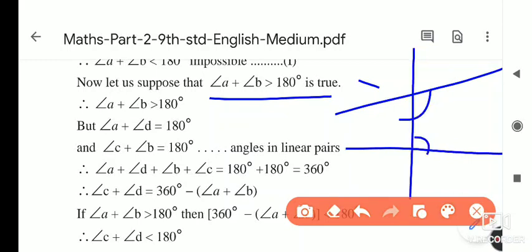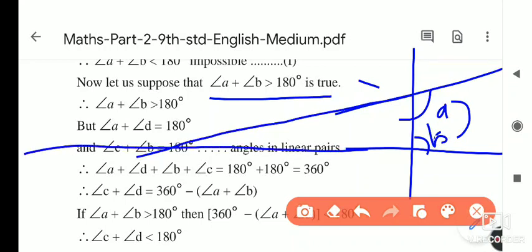Because this is A and that is B, and their sum is more than 180 degrees, then if you see in the picture, these two lines intersect each other towards the opposite side of angles A and B.